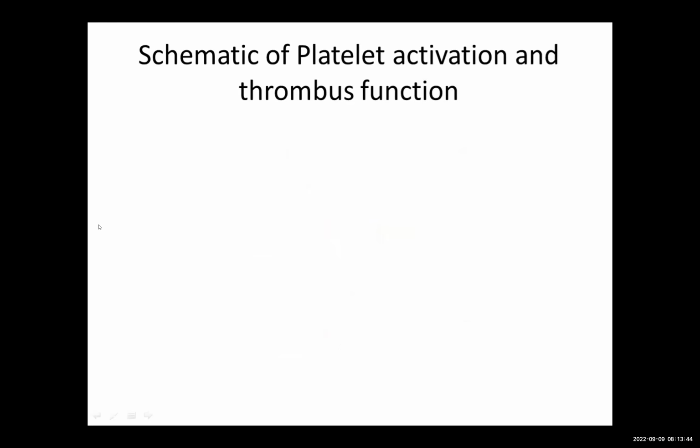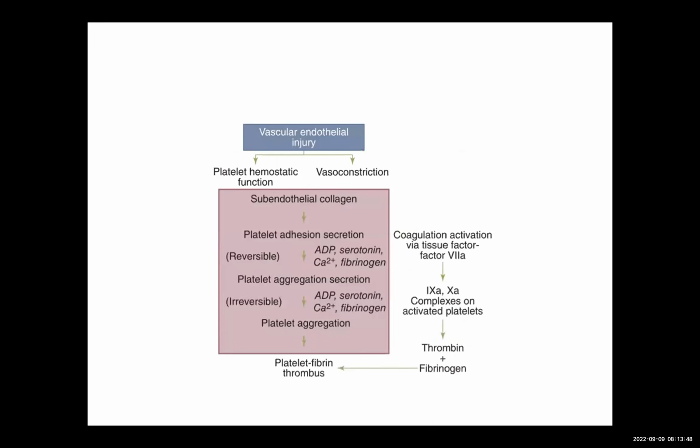Next, there is a schematic of activation and thrombus functioning, one pictorial presentation. It shows vascular injury, which leads to two things: platelet hemostatic function and vasoconstriction. The combination of these leads to subendothelial collagen exposure, which forwards to platelet adhesion and secretion, which is again acted upon by ADP, serotonin, calcium ions, and fibrinogen.